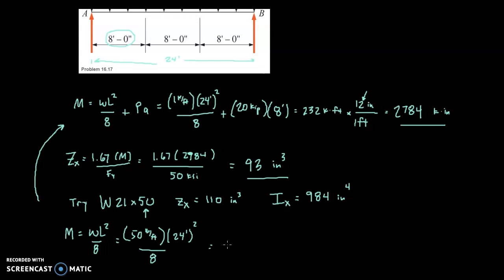So let's check that and see what that equals. That gave me 3,600, which seems like a big number, but remember we were using pounds here. So this is 3,600 pound-feet.